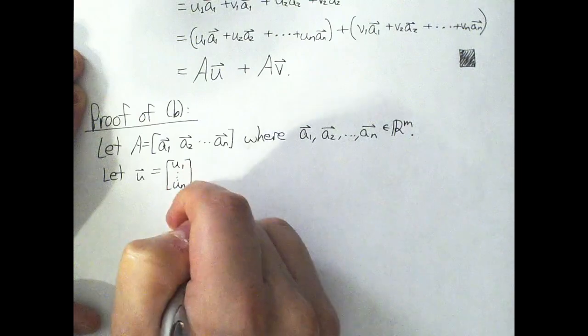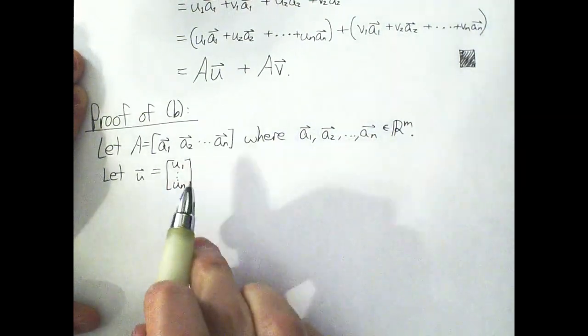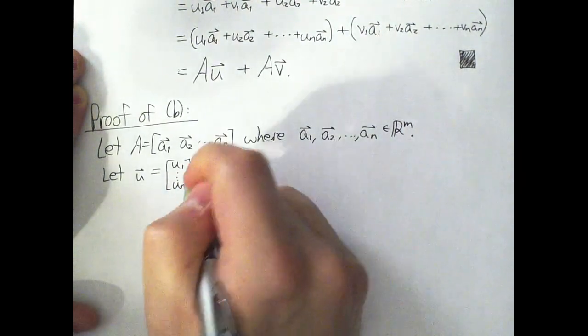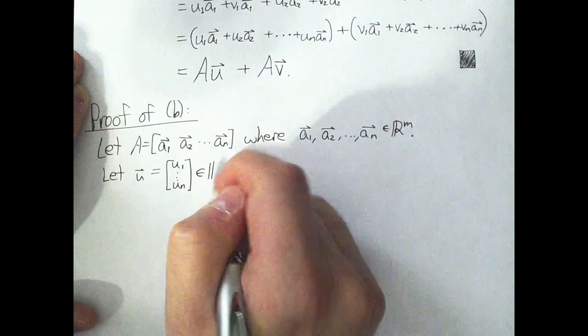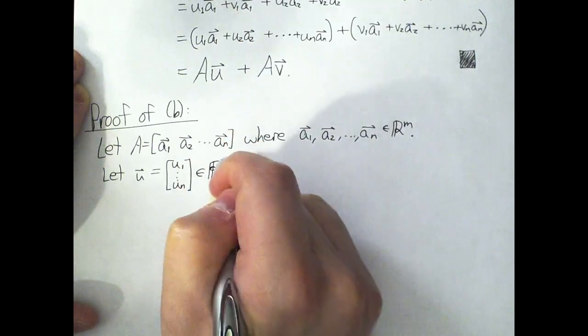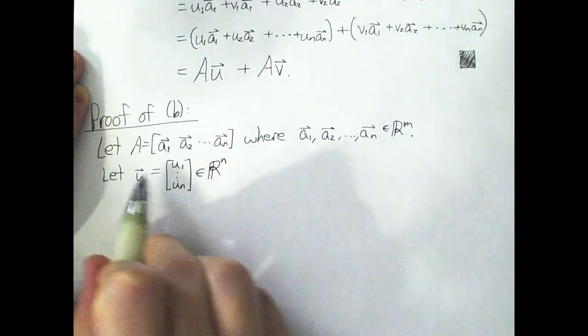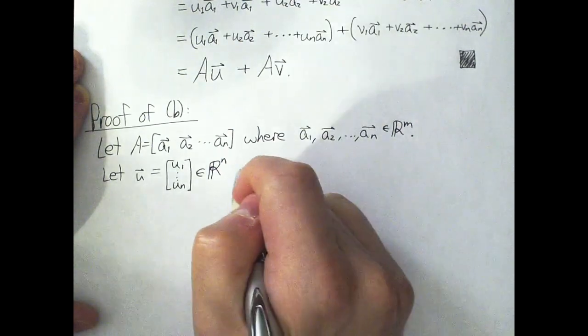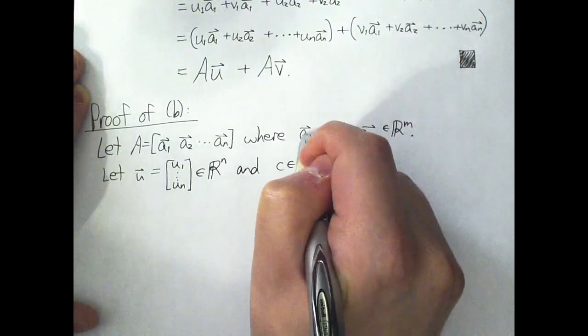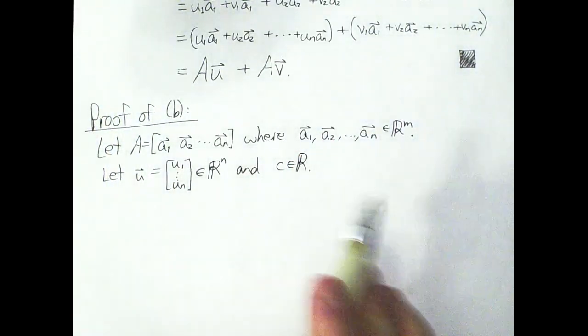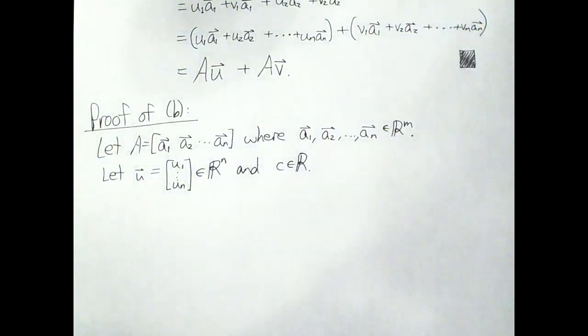That way, later in the proof, if I need to refer to the entries of U, I've given them a name. And if I say something like U1, U2, U3, it's not a mystery what I'm talking about. I'm talking about entries of U. And C is a real number. Okay. I think that this one might actually be easier than part A because part A had a U and a V.